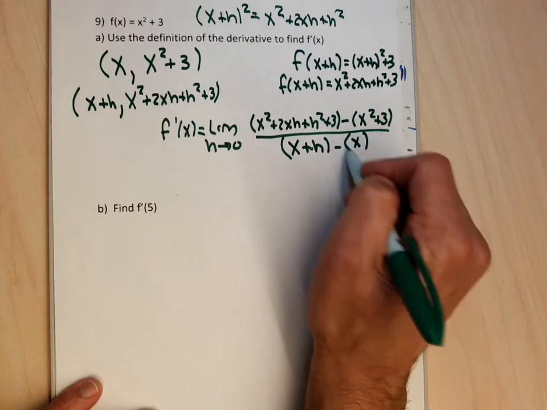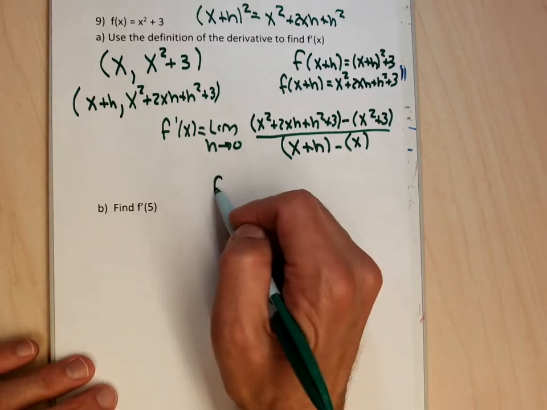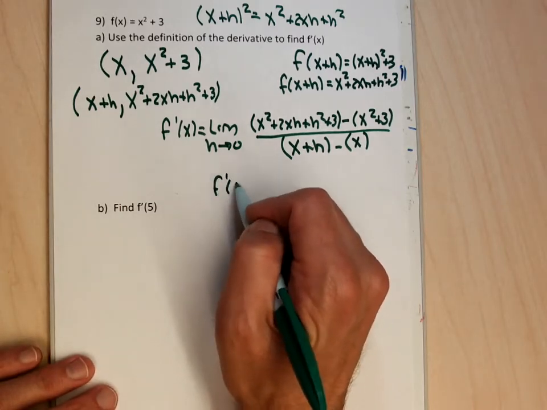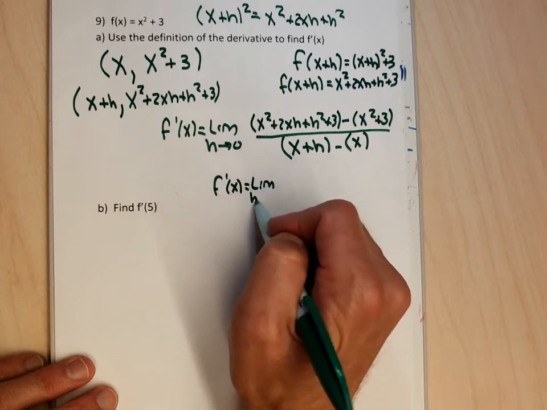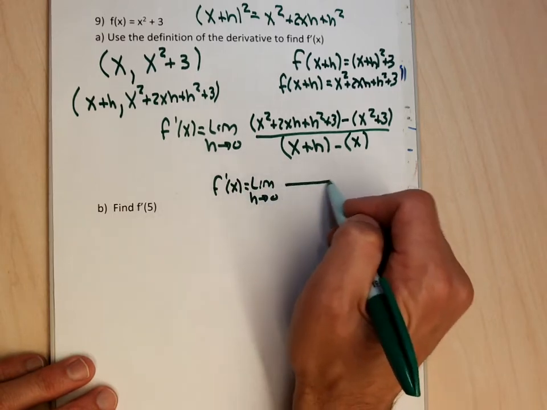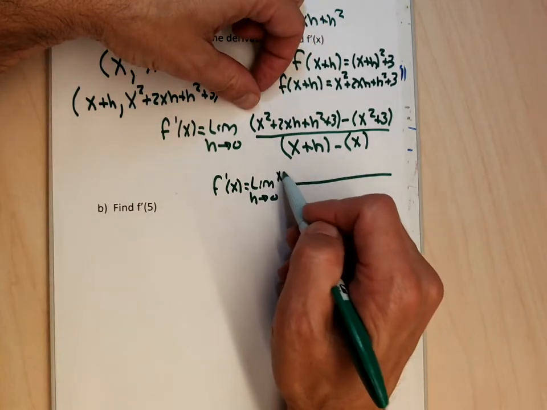I don't know why I put so many parentheses in, because most of the parentheses I wrote there weren't necessary, but I put them in, and it's not a bad thing that I did. Let me try to squeeze this algebra in. So f prime of x equals the limit as h goes to 0. I'm going to clean up the numerator. Here, the first parentheses I'm just going to drop, and I'm not going to change anything.